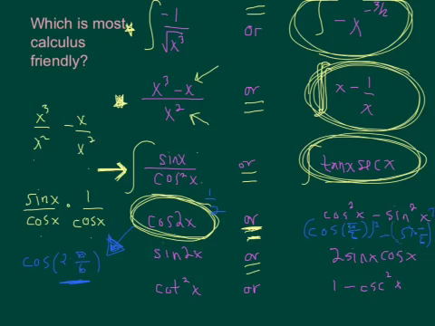I'm running out of room, but I do know cosine of pi over 6 is square root of 3 over 2. I could square that and I should get 3/4. And the sine of pi over 6 is 1/2. If I square that, I get 1/4. So 3/4 minus 1/4. Go figure. It's 2/4 or 1/2.